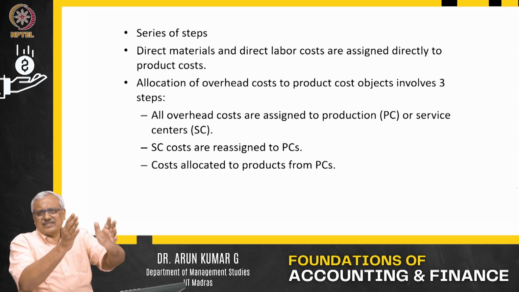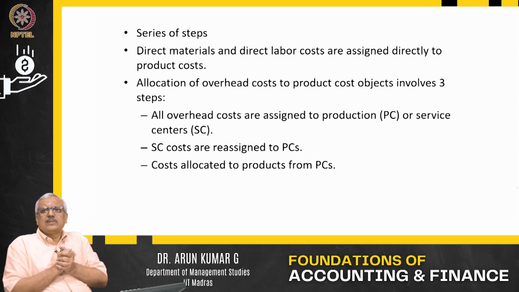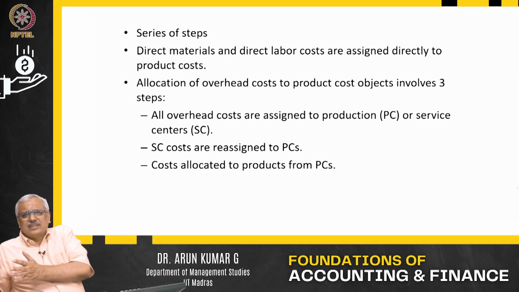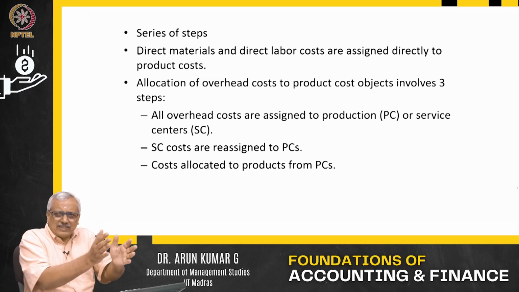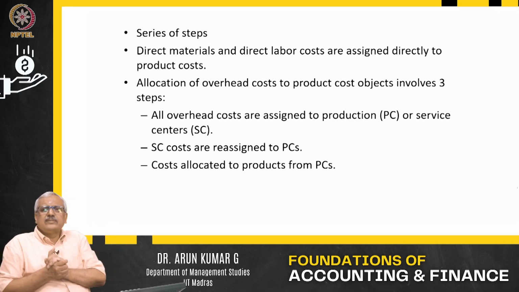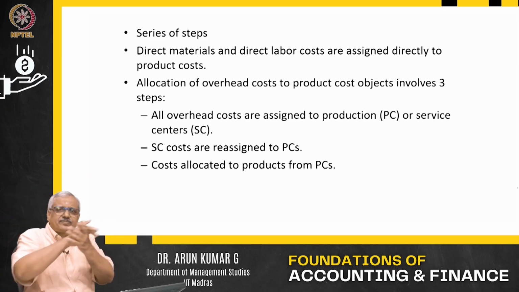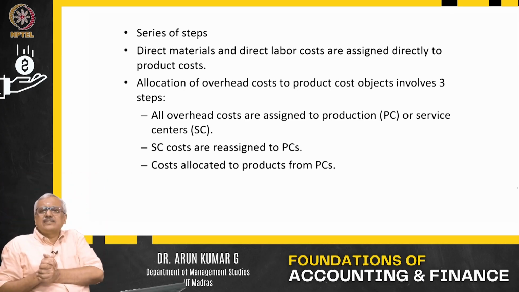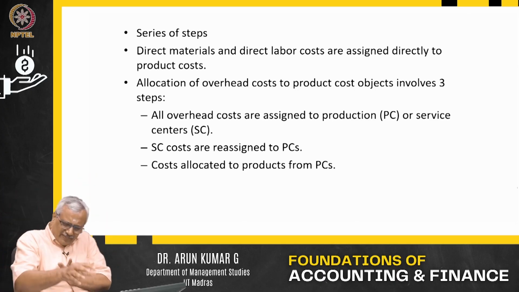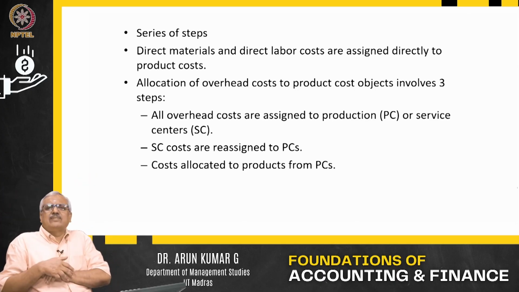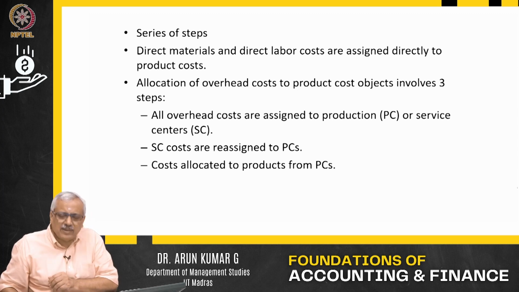There are production centers, there are service centers. Now, there are some other costs. All the costs are assigned to the production centers or the service centers. Then the cost of the service centers gets reassigned to the production centers, and then the final cost of every production center is calculated. I'll deal with this with the help of an example.